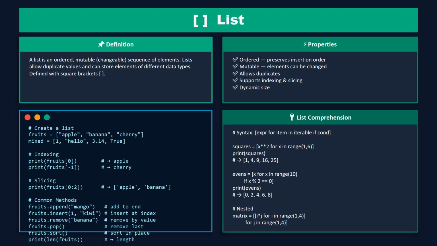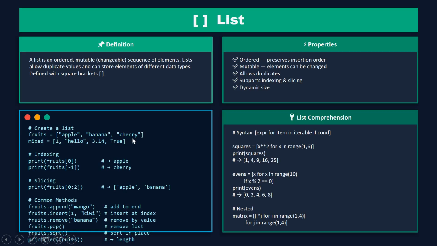And for indexing, we start with the 0th index, and there is minus indexing as well. Minus always starts from the reverse order. So we have to understand that a list is mutable, and it allows duplicate elements. It is ordered, meaning order preserving: the order in which we add the elements, for example apple, banana, cherry, is the same order in which we get them back.